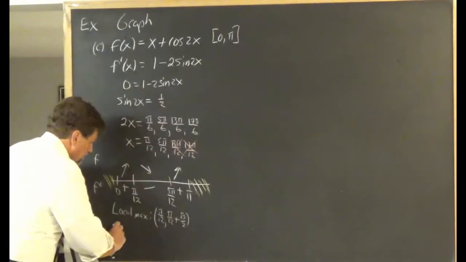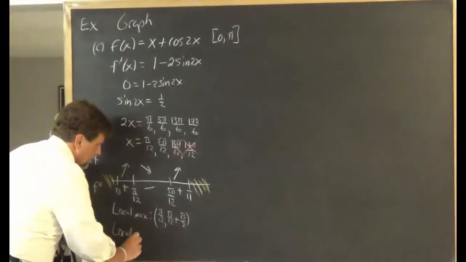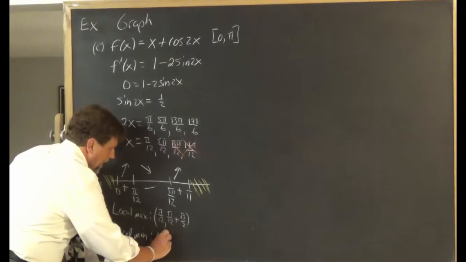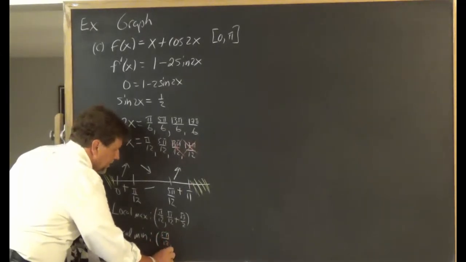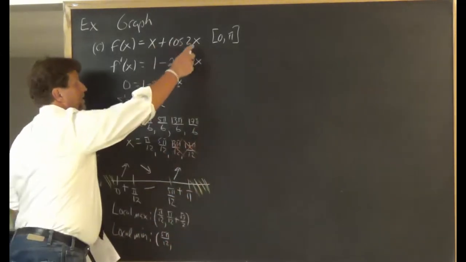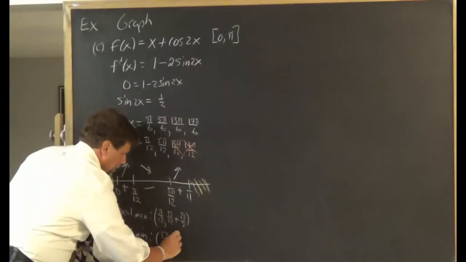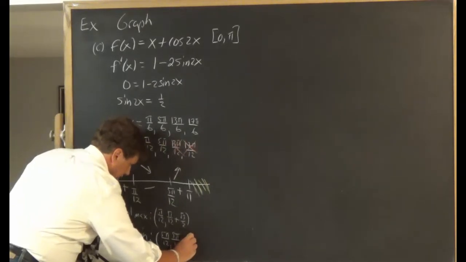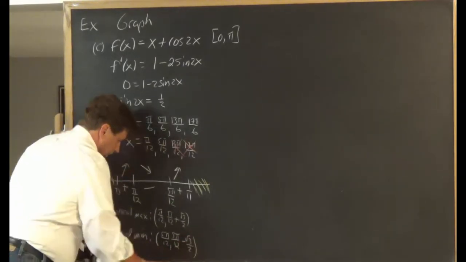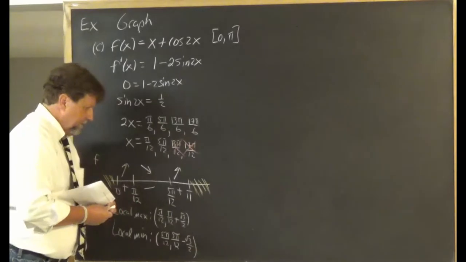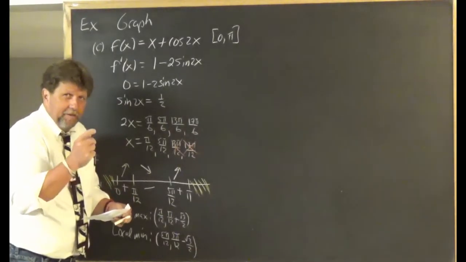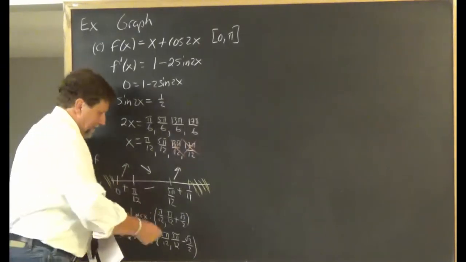My local min, well, that occurs at 5 pi over 12, and I put 5 pi over 12 back into the function, and what comes out for y is 5 pi over 12 minus square root 3 over 2. Okay, now, these are points on the curve, and I'm going to have to plot these points when I make the graph.